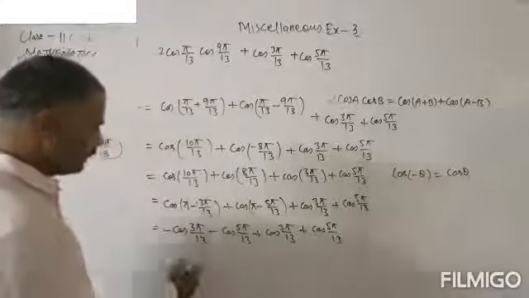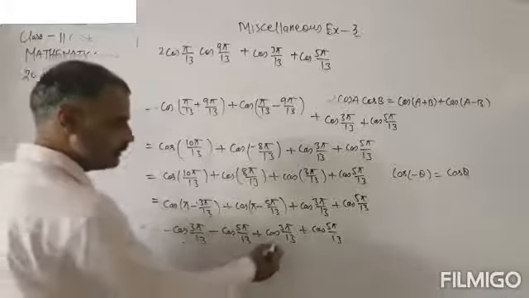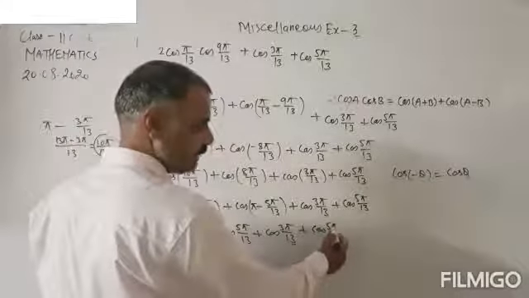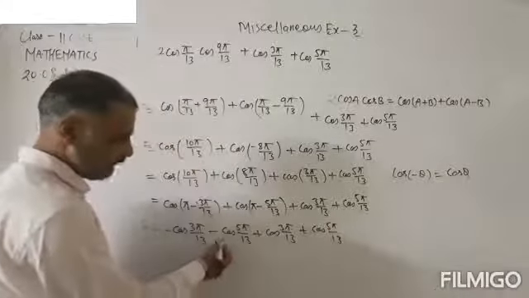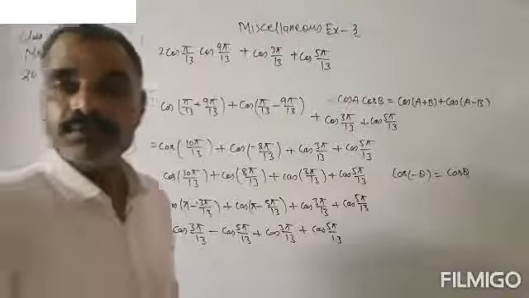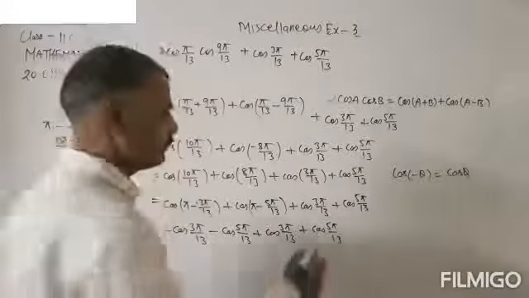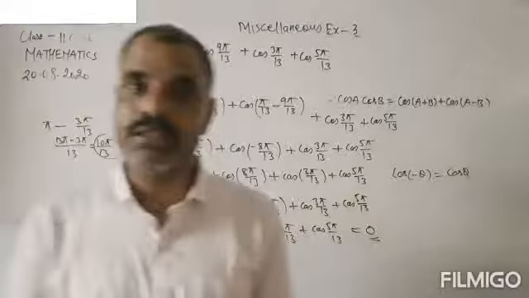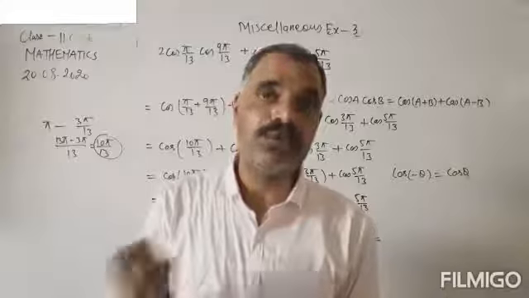Minus cos 3 pi by 13 and plus cos 3 pi by 13 cancel each other, and cos 5 pi by 13 and minus cos 5 pi by 13 cancel each other. So all terms cancel, and this is finally equal to 0, which is what we wanted to prove.